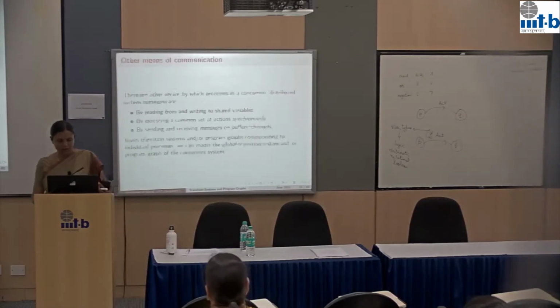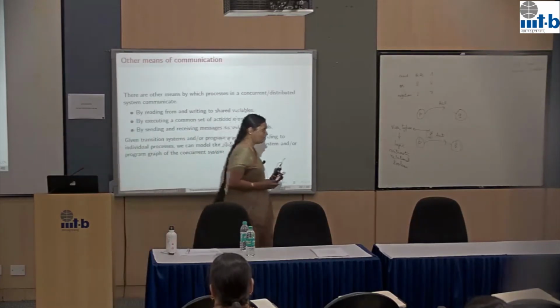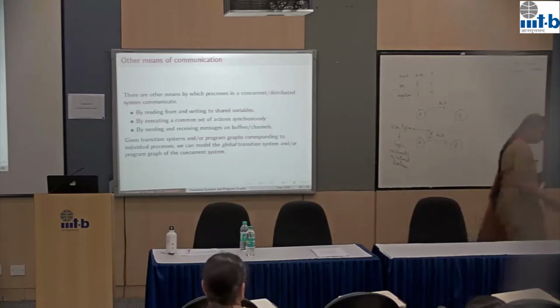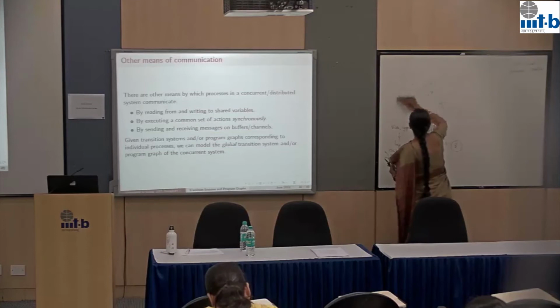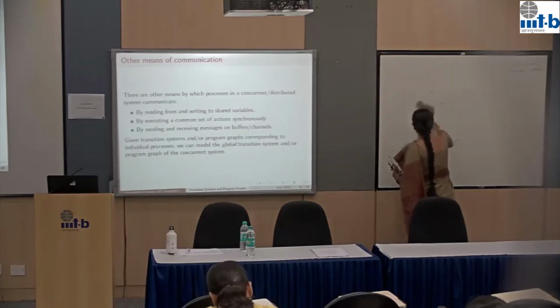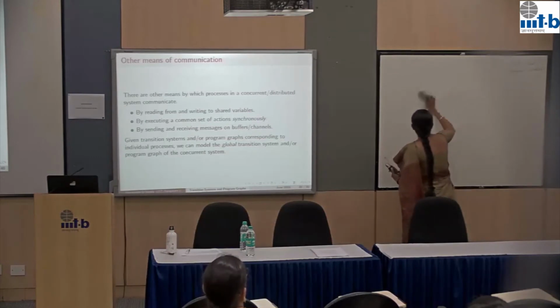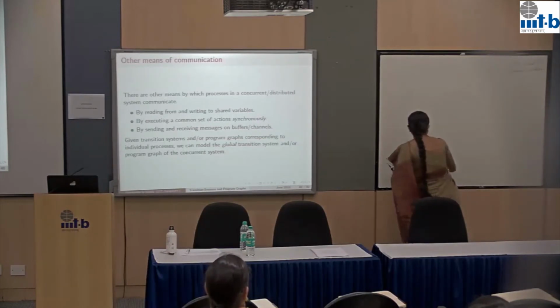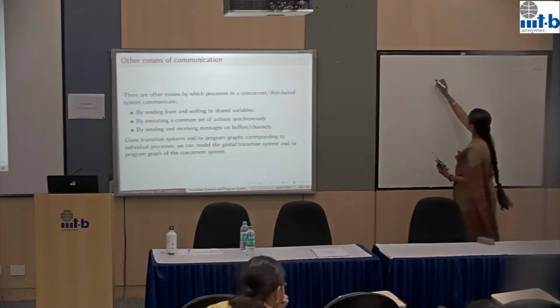So just to summarize what we did till now, I don't know if all of you will be able to see the board, but I'll also talk about it. So we are looking at model checking. For model checking, there are two parts.